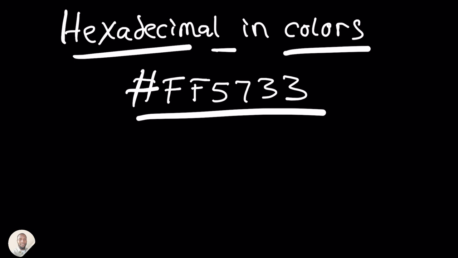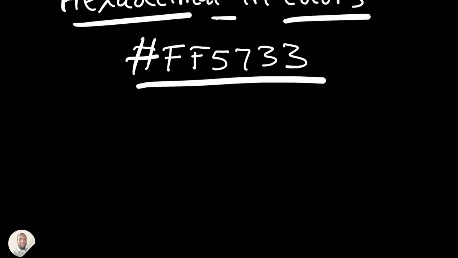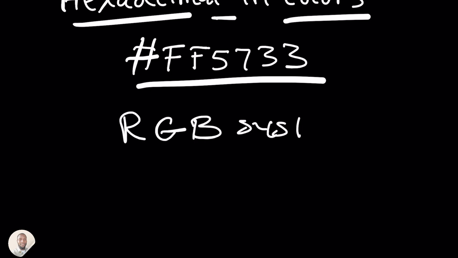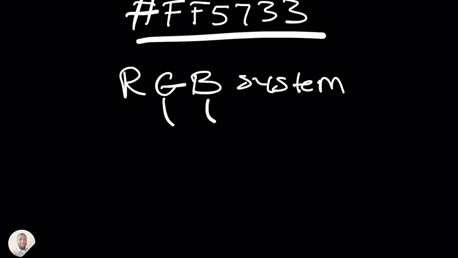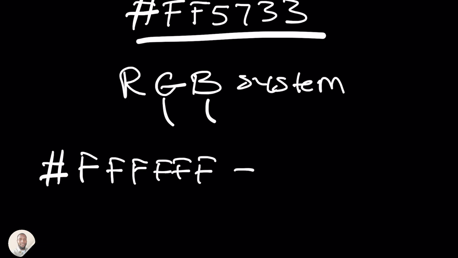Each color on a computer screen is made from a mix of red, green, and blue, which is called what? RGB system. Where R represents red, G represents green, and B represents blue. Now, in hexadecimal, colors are represented using 6 digits, right? For example, #FFFFFF, that's 6 Fs, is equal to what?